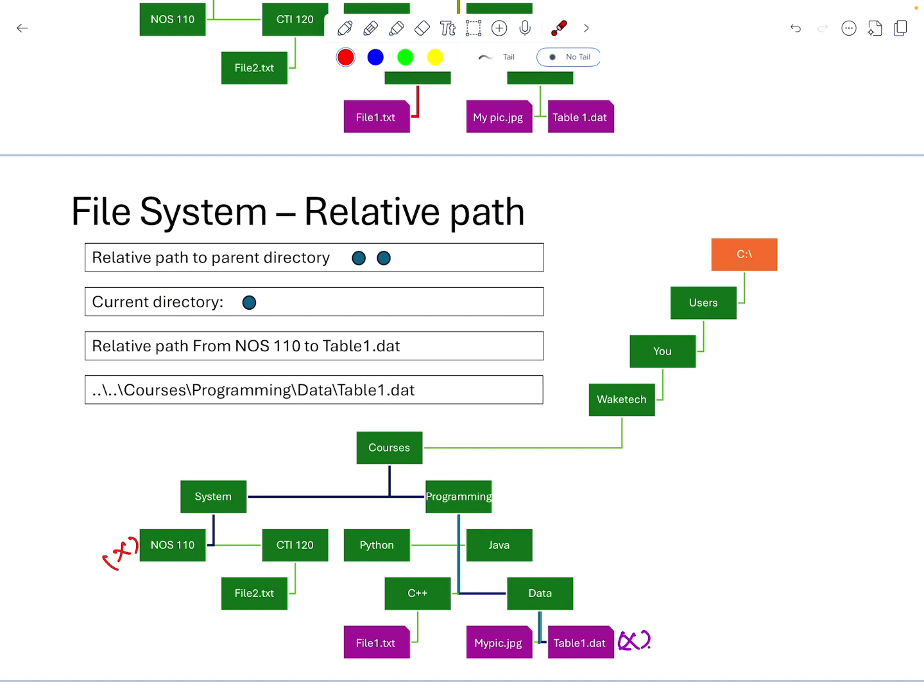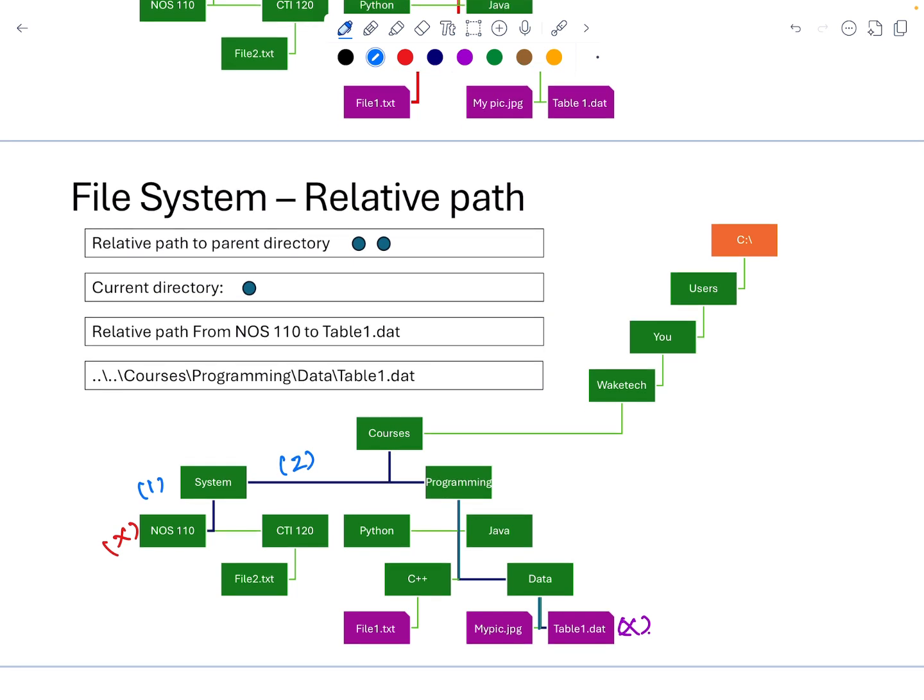So how do we do that? First, from NAS110, let's mark here. The first step, I'll go to the parent, system. You can see the dark blue line, the path I traced here. Then again, they are still siblings, so I again go to the parent. Now I am here in courses. Courses is a common parent, right? From courses, I can go to programming.